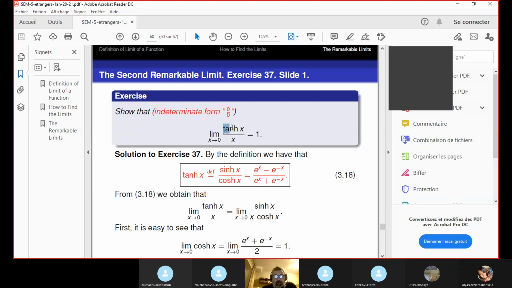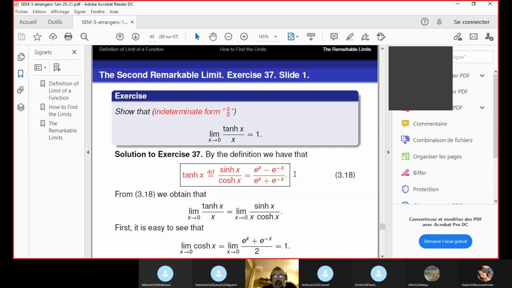On the screen, here you have a new hyperbolic function, hyperbolic tangent. As for trigonometric functions, it is defined as hyperbolic sine by hyperbolic cosine.